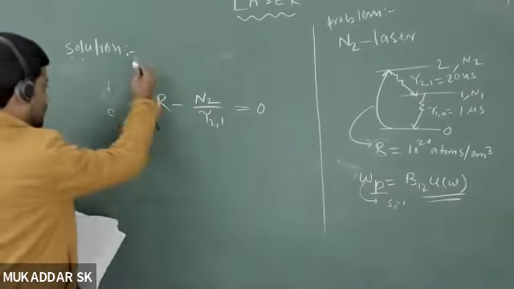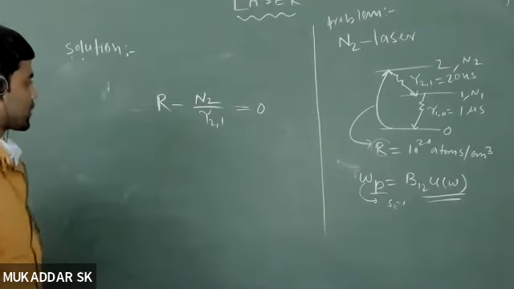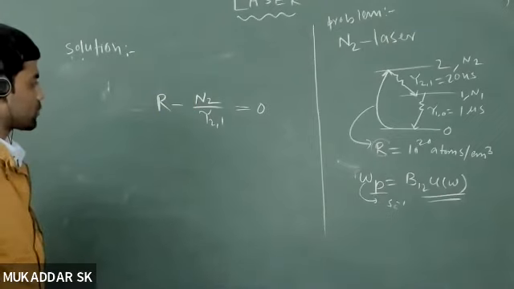Okay, so at thermal equilibrium I can write R minus N2 by tau 2 equals 0.